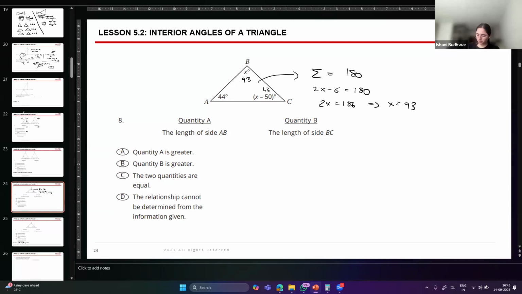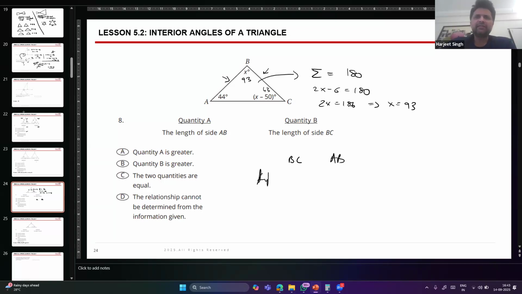Now they want us to compare AB with BC. Now, the angle in the same triangle, if it's a larger angle, the side opposite to the larger angle will also be larger. So can I say BC and AB?